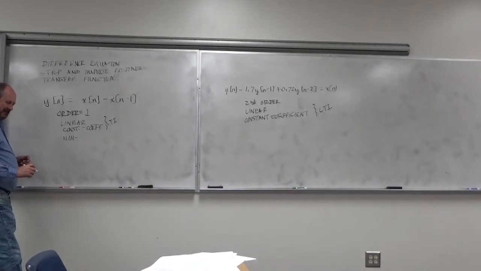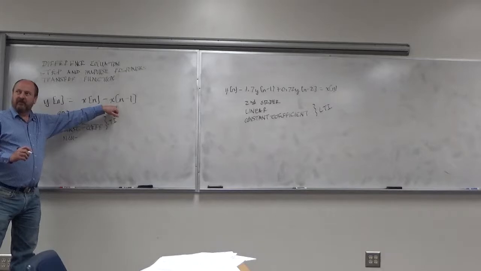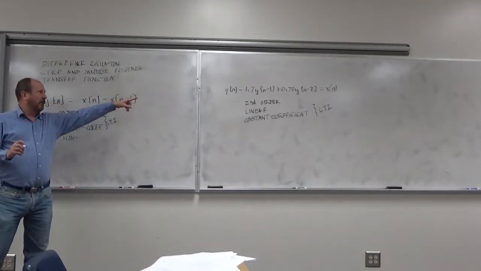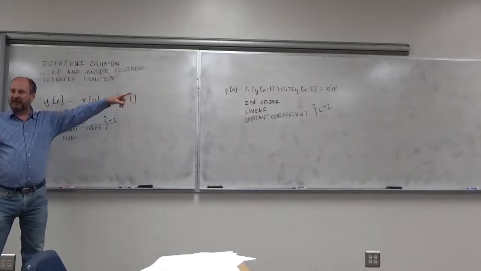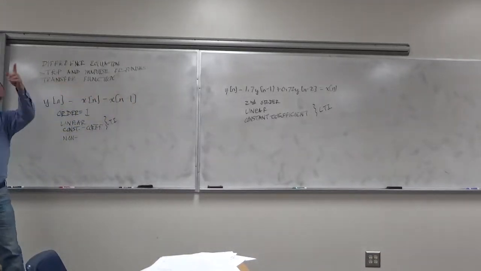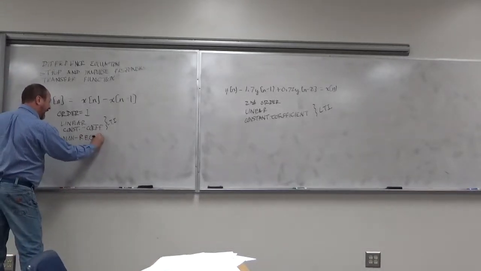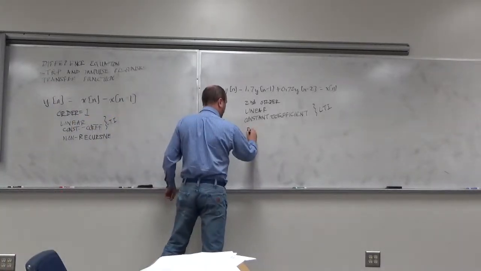In terms of solving it, remember you just plug in input values and you can solve for this one, but over there, the output depends on the input and previous outputs, which is called? Recursive. Okay, this one is non-recursive, and this one on the right is recursive.